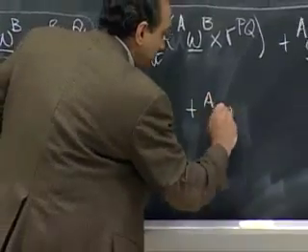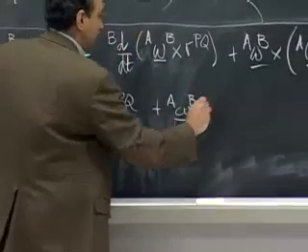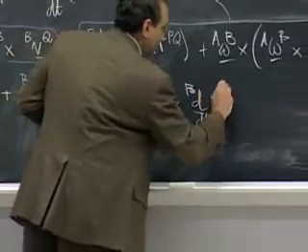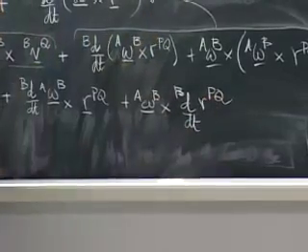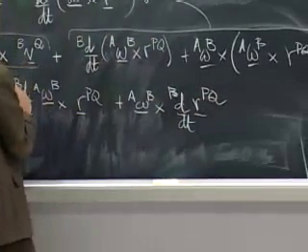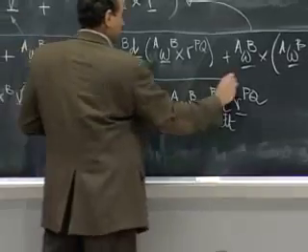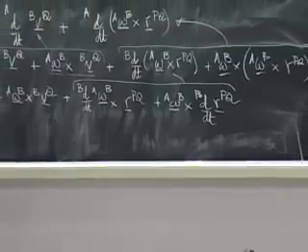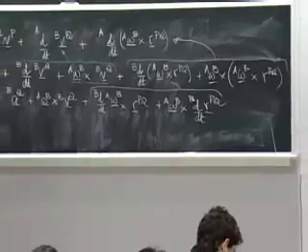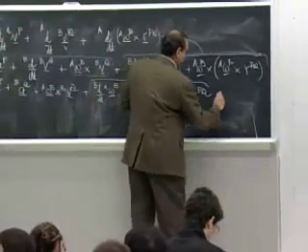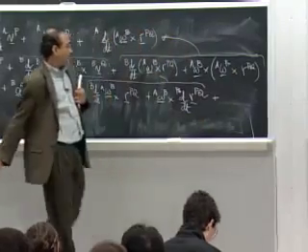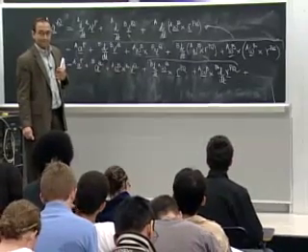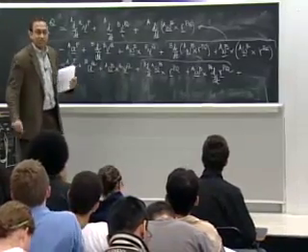Plus A omega B cross B d by dt of RPQ. So that's these two guys. Make sense? Plus, what about this? What do I do there? I just leave it as it is. Don't worry.